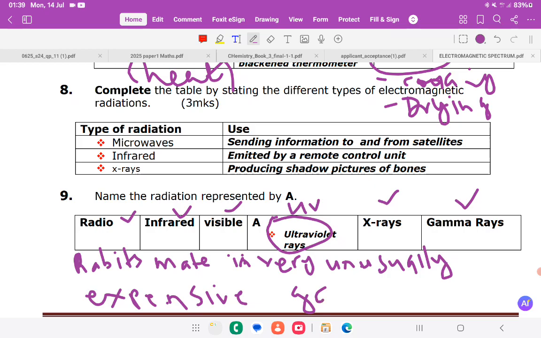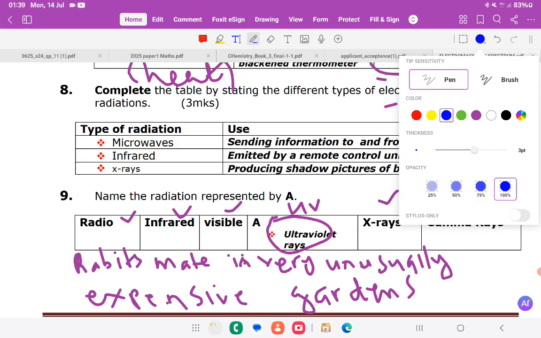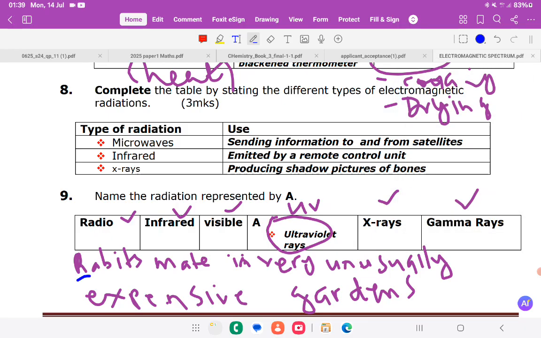Starting from radio, we have radio waves, microwaves, infrared, visible light, UV radiation, and X-rays, and then gamma, in order. So in short, the way to remember this is the mnemonic: rabbits met in very unusually expensive gardens.